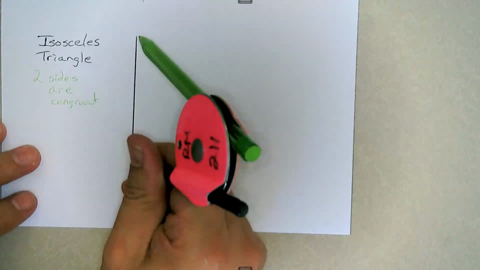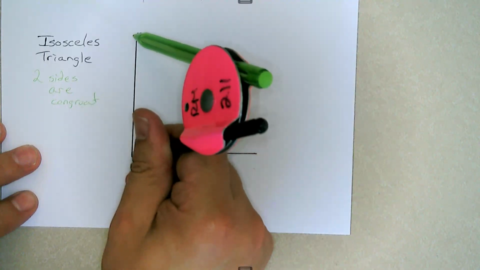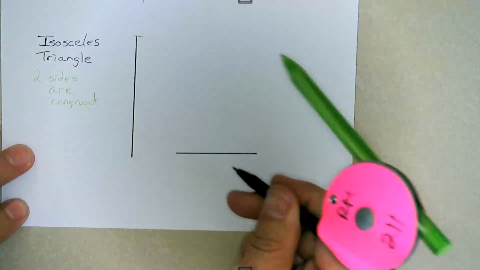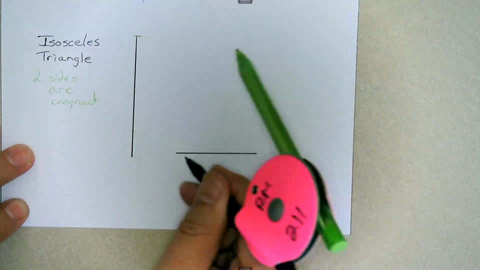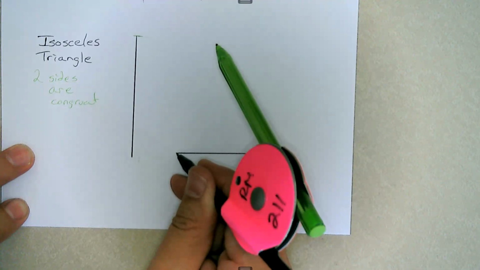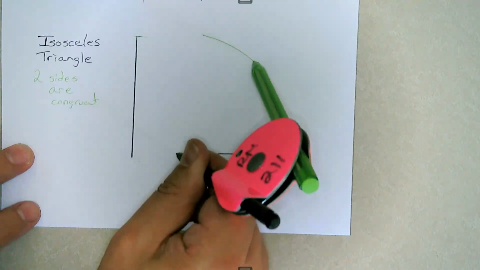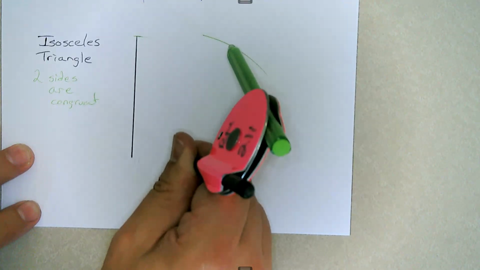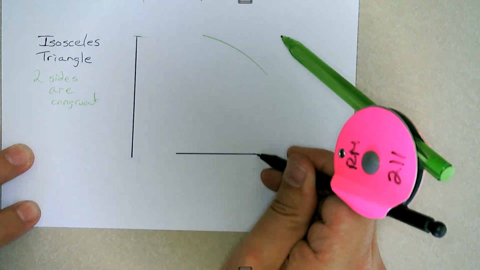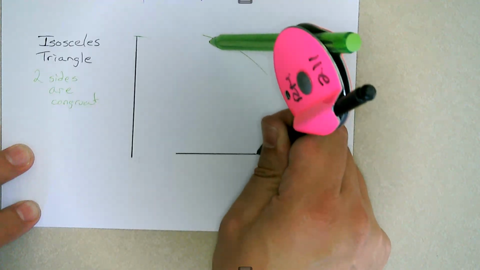So I'm going to measure the length of this side with my compass and say I need the sides to be this long. I'm going to place a point on what I'm going to call the base of my isosceles triangle and say, well, that side has to be that long. It's going to float somewhere in here. I don't know exactly where until I float from the other side. The other side's going to be just as long.